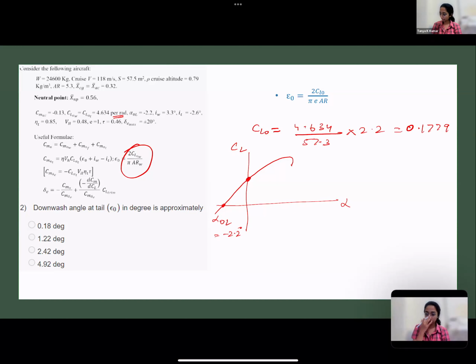So in our case, CL naught is 0.1779. What type of airfoil will it be? We've done this in the first few lectures. If CL naught is positive, what kind of airfoil will it be?